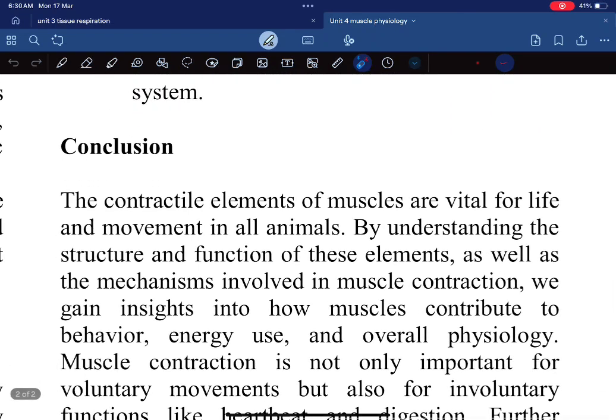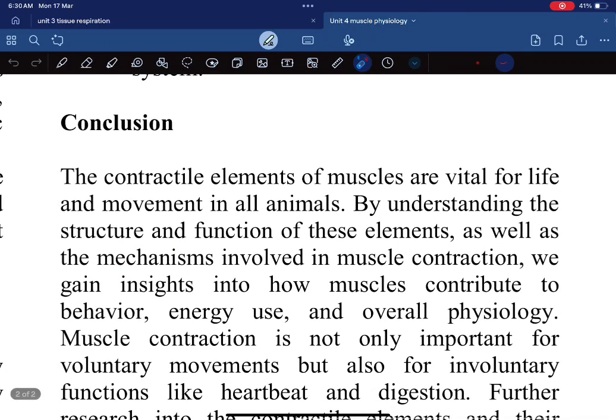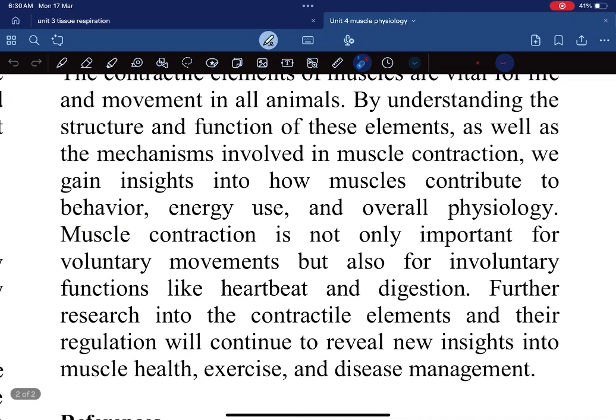Conclusion. The contractile elements of muscle are vital for life and movement in all animals. By understanding the structure and function of these elements, as well as the mechanisms involved in muscle contraction, we gain insights into how muscle contributes to behavior, energy use, and overall physiology.